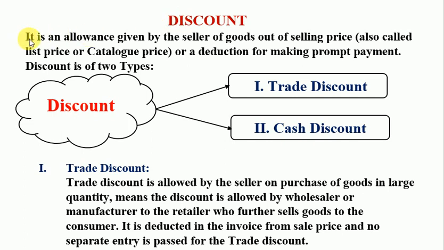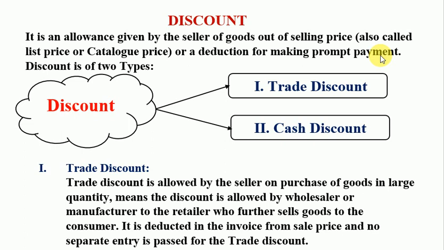So what is discount? It is an allowance given by the seller of goods out of the selling price, also called list price or catalog price, or a deduction for making prompt payment. It is an allowance given by the seller to their customers.